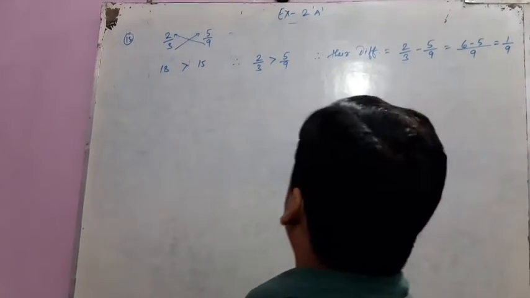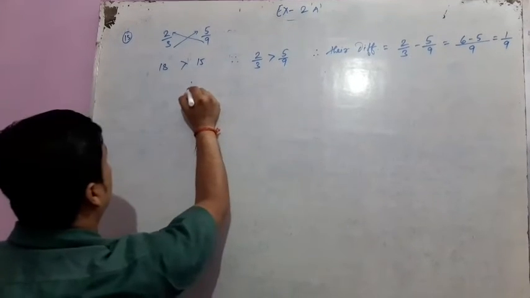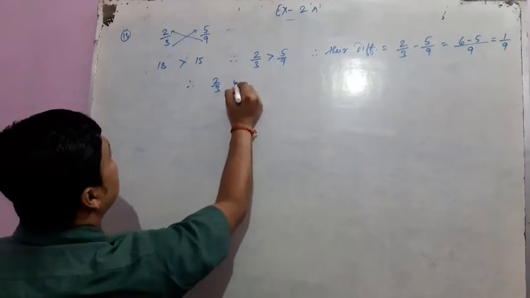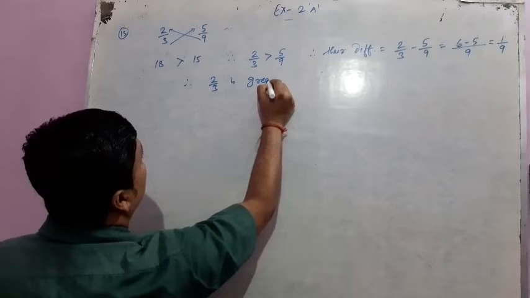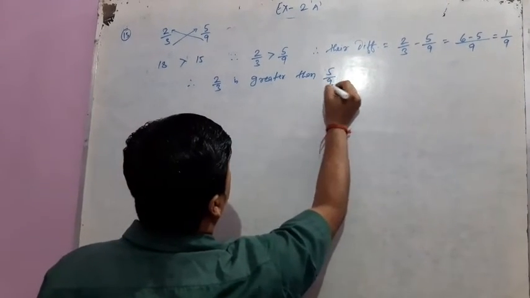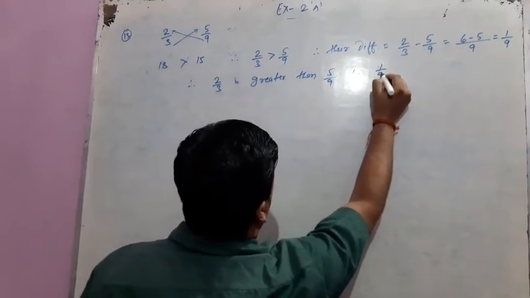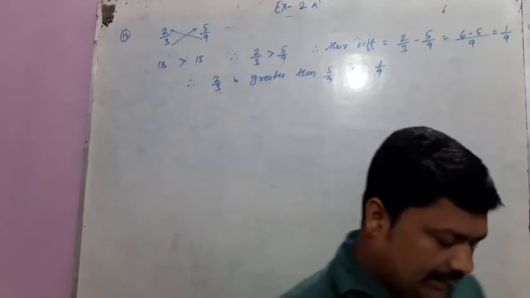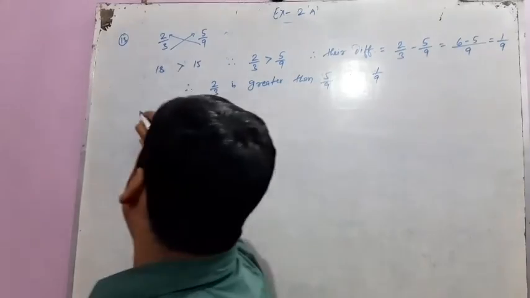So the difference is 1/9. Therefore, 2/3 is greater than 5/9 by 1/9.